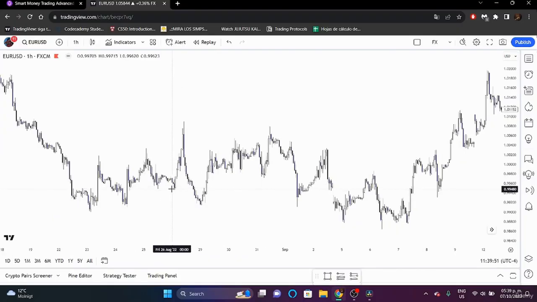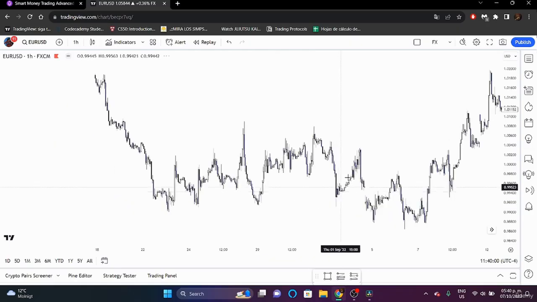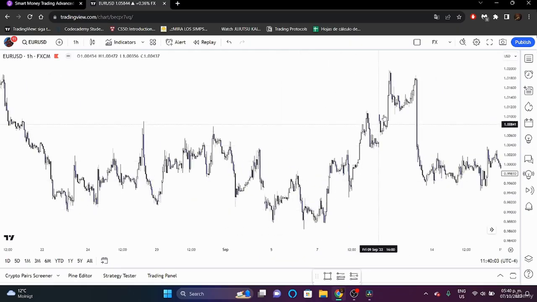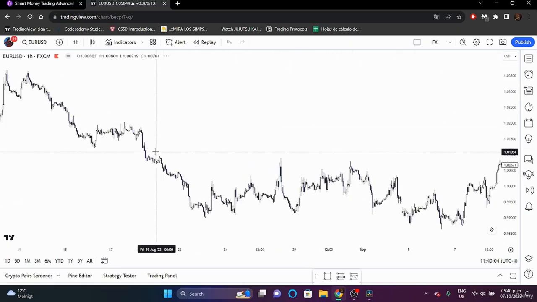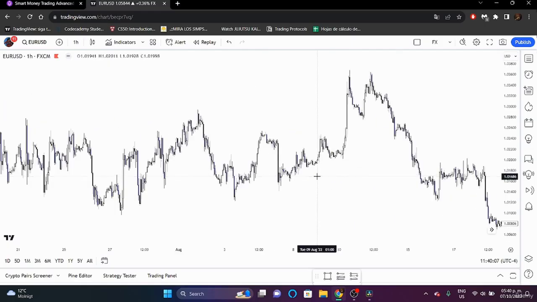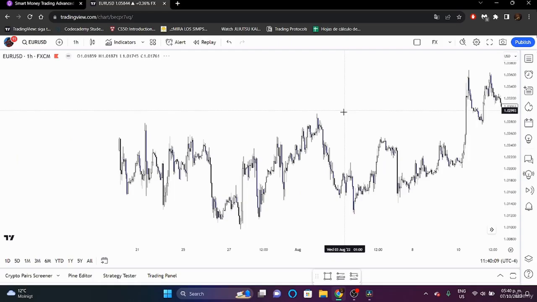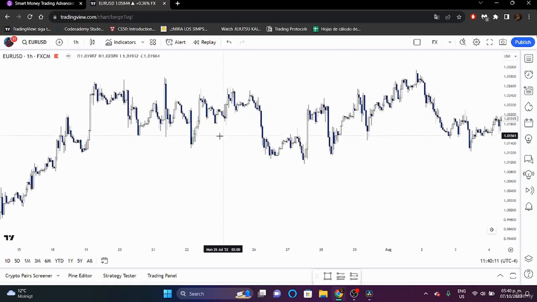This wouldn't be a breaker block in my opinion, because we took liquidity and it's a range, so it's likely to go for the highs at least until we break and start making higher highs. As you can see here, it's a range as well.